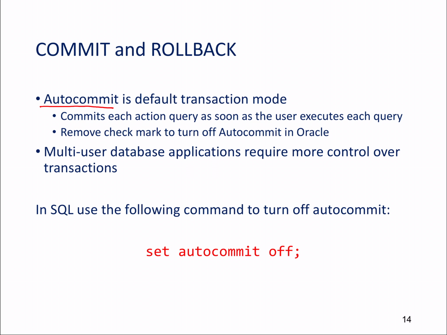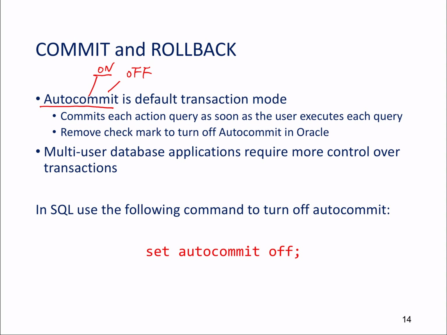That means any change you make to the database, any step or operation inside your transaction that changes the data, will be automatically saved. So there's no transaction control if the auto commit mode is on. It has two modes, on and off, and on is the default.